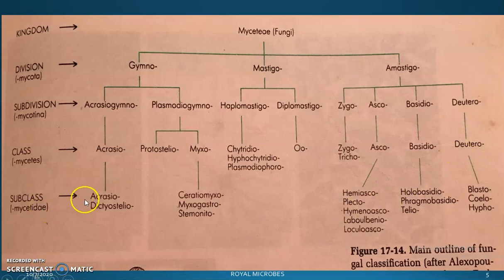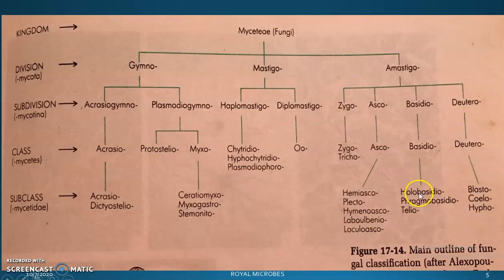Coming to the subclasses, Acrasiomycetes have two subclasses, Acrasiomycetidae and Dictyosteliomycetidae. In the case of Myxomycetes, we can see three subclasses: Ceratiomyxomycetidae, Myxogastromycetidae and Stemonitomycetidae. In the case of Ascomycetes, we can see five subclasses: Hemiascomycetidae, Plectomycetidae, Hymenoascomycetidae, Laboulbeniomycetidae and Loculoascomycetidae.